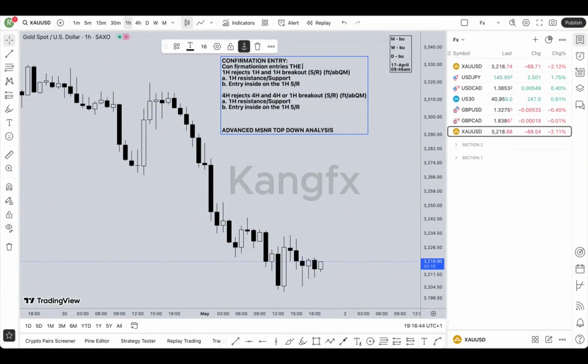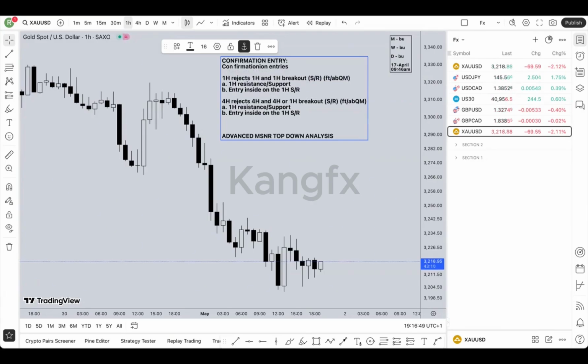the rejection, no need for me to write all this. Confirmation entries must happen on a key level, on any of the higher time frame key levels.